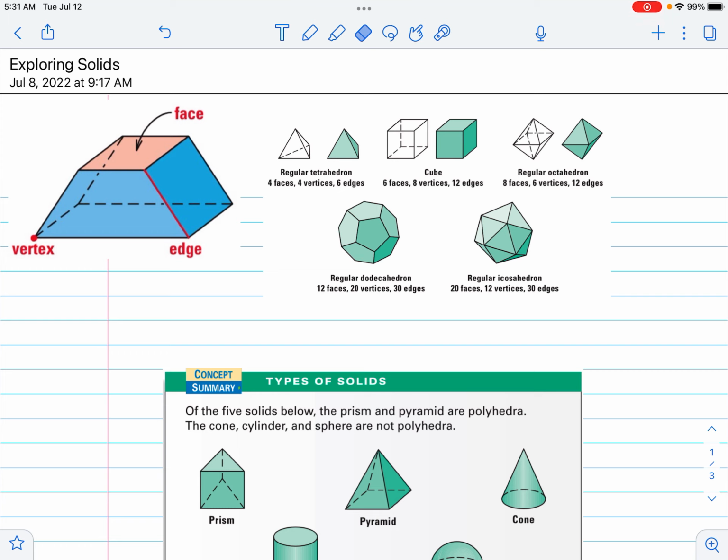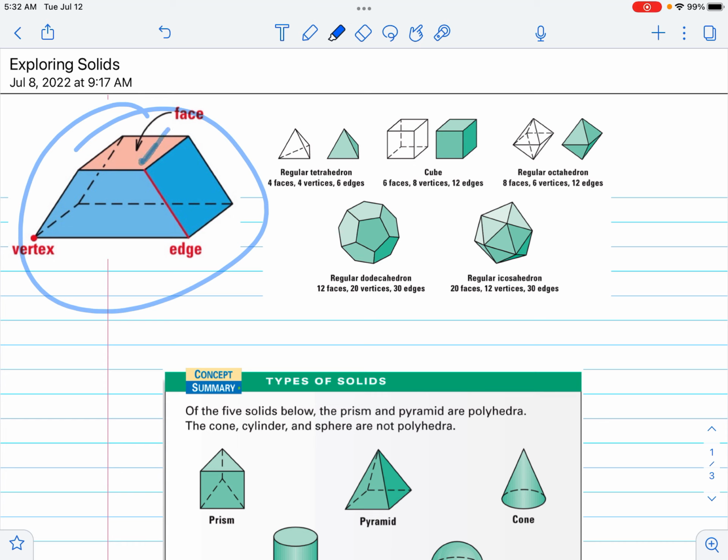Now, when you think about a polyhedron, you make a connection with a polygon. A polygon is two-dimensional, a polyhedron is three dimensions. And in fact, a polyhedron is made up of polygons. So consider this one here. We've got this polyhedron, and notice it's made up of polygons.